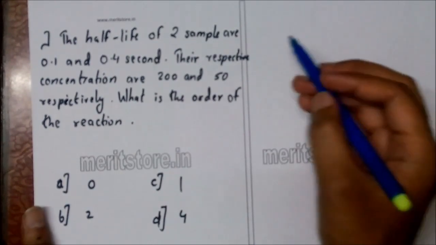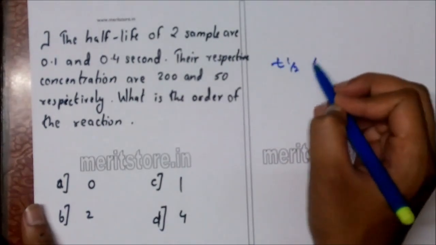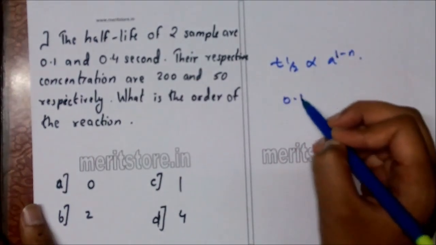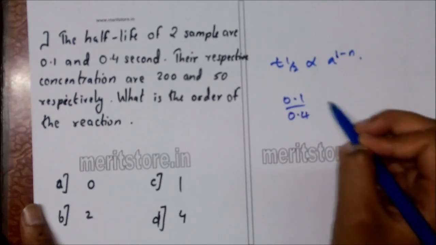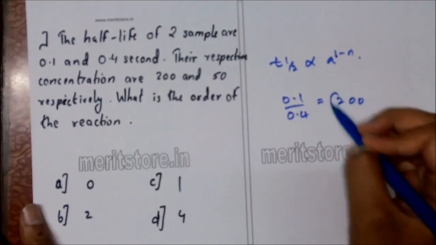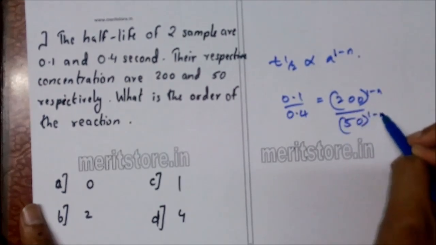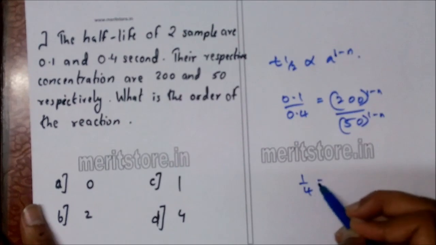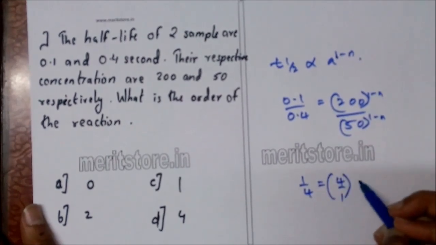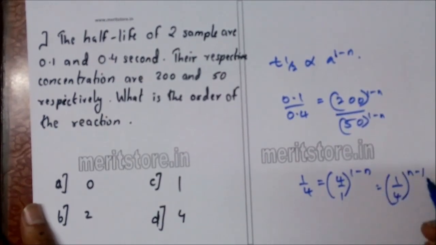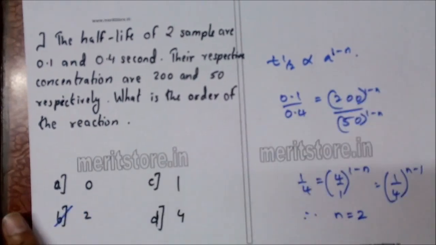So for this reaction, we can take formula T half is directly proportional to A raised to 1 minus N. So substituting the values, we get 0.1 upon 0.4 is equal to 200 raised to 1 minus N upon 50 raised to 1 minus N, which is equal to 1 upon 4 equal to (4 upon 1) raised to 1 minus N. We can write this as 1 upon 4 raised to N minus 1. Therefore N is equal to 2. Option B is the correct answer.